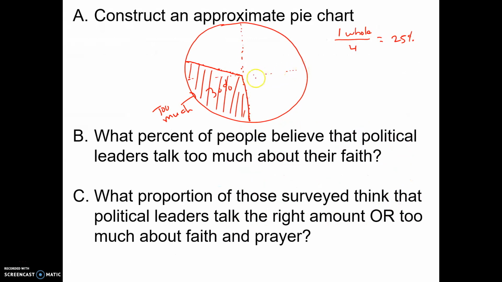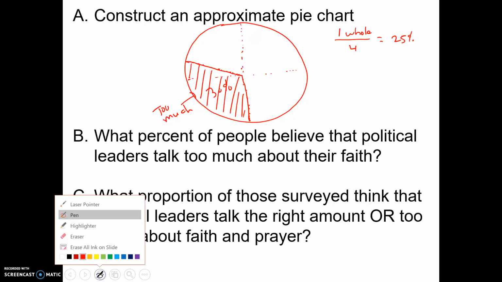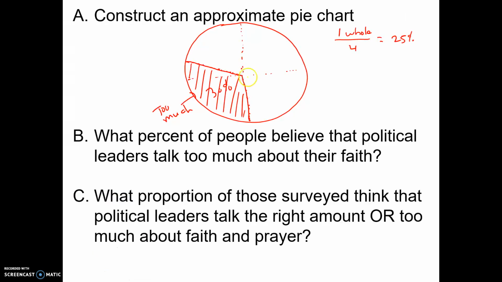So if this is 25%, then 24% is going to be just a little bit below that. Again, these are all rough approximations.